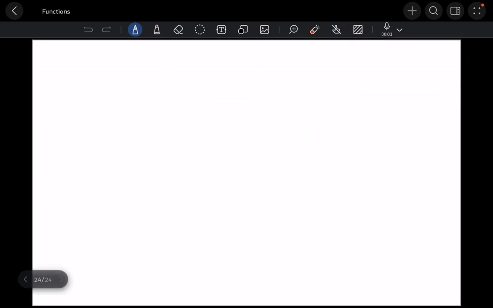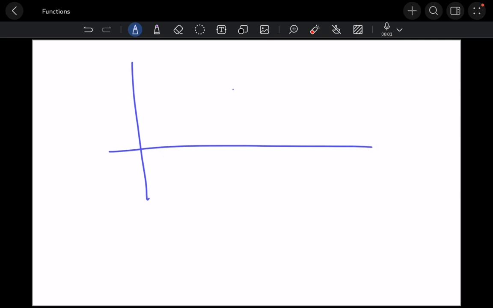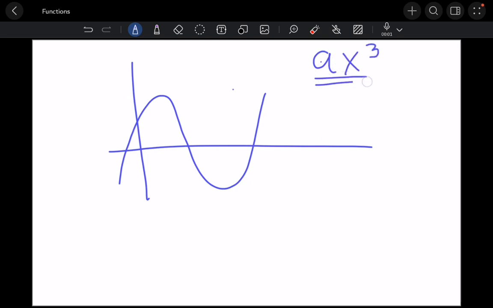If you're given a function like this, and then you're asked to find the equation of this function, remember one thing, it's going to be in this form. This is the most important element in this function.